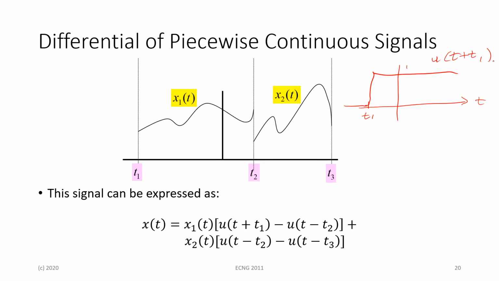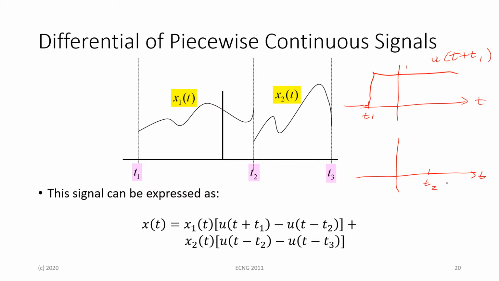So let's watch for u of t minus t2 and draw this unit step accordingly. In this particular case, because it's u of t minus t2, that means t2 is going to be on the right-hand side of our axis, because the signal is shifted towards the right.